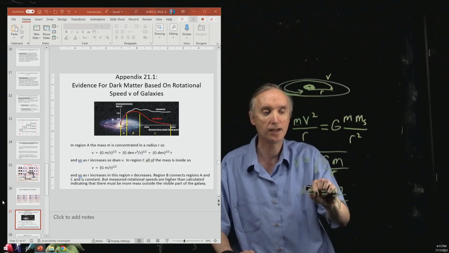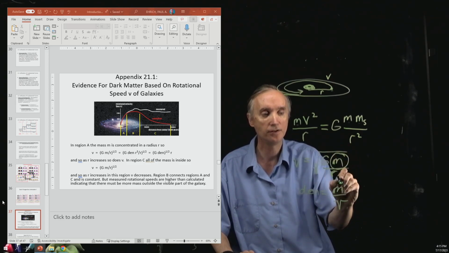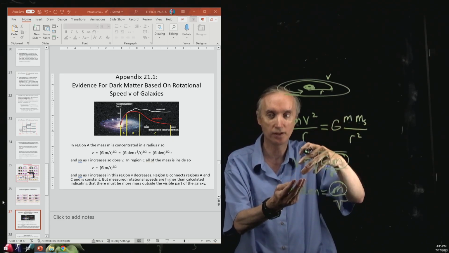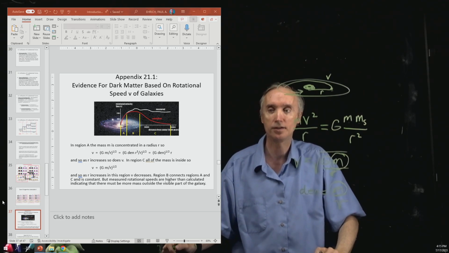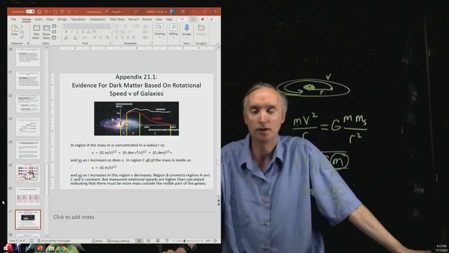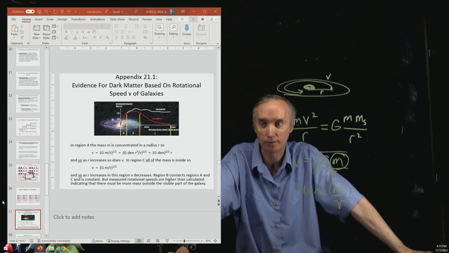So when you substitute this m into the other equation and simplify, it turns out to be the square root of G times the density and then times r.